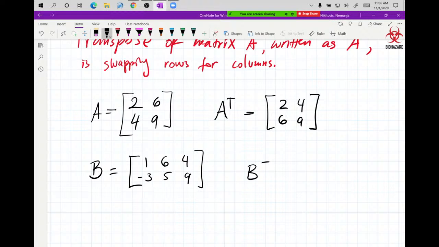then B transpose is going to have 1, 6, 4 as a column and negative 3, 5, and 9 as a second column. And if you take a look at it, you will say, but 1 and 9 still didn't change the spot. Well, actually, 9 did change the spot, because 9 used to be in a third column.